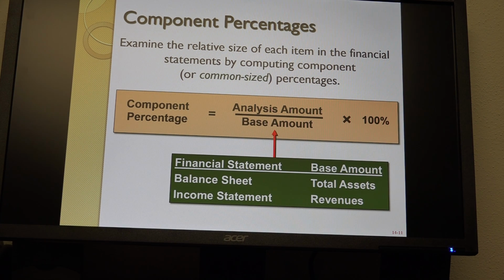And so for the financials, depending on the type of financial statement, you have different types of base amounts. For a balance sheet, usually your base amount is going to be total assets. For your income statement, the base amount is usually going to be revenues.